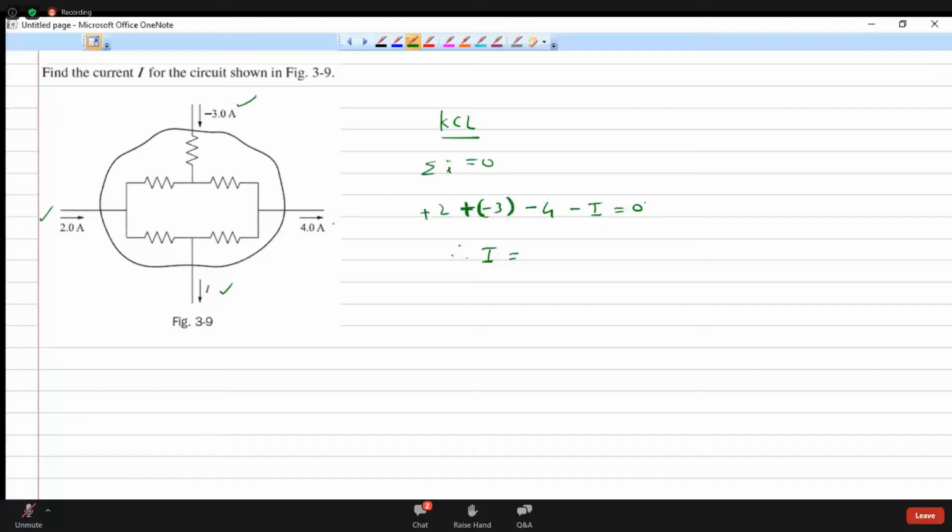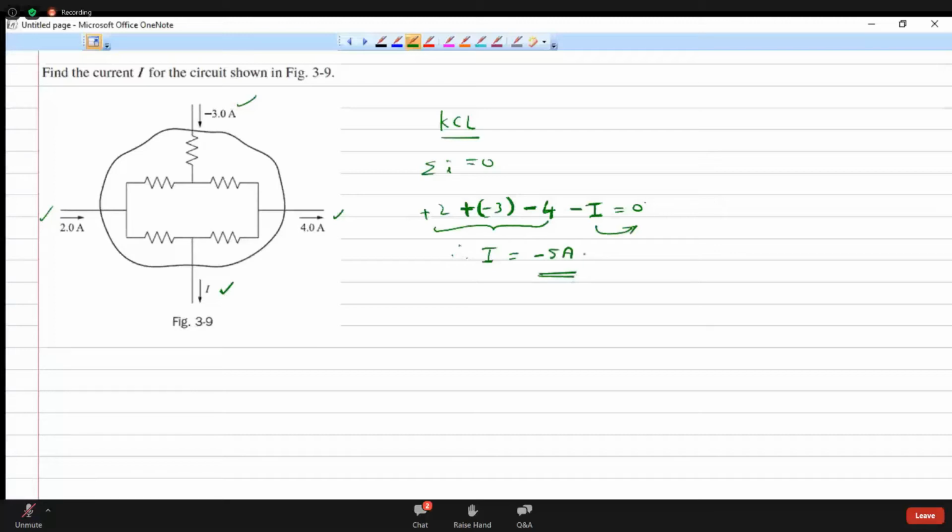Here, 4 ampere is leaving, and leaving means you put a minus sign. I is also leaving, so you put minus I. Sigma of all the currents should be equal to 0. Now bring I to the right hand side. What remains is 2 minus 3 minus 4, that is minus 7 plus 2, which is equal to minus 5 ampere.